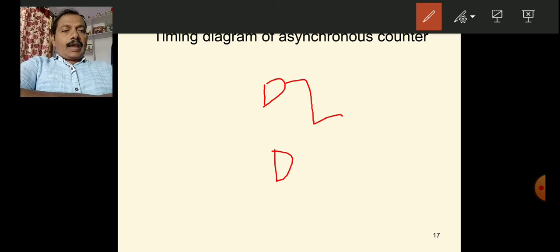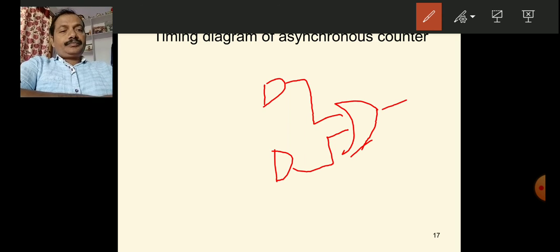These are AND gates. This is the OR gate. So for each AND gate, for example, this Q is coming here, here Q bar is coming.